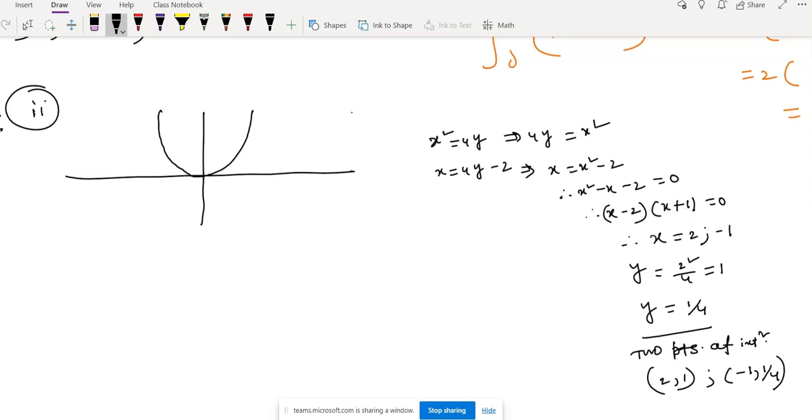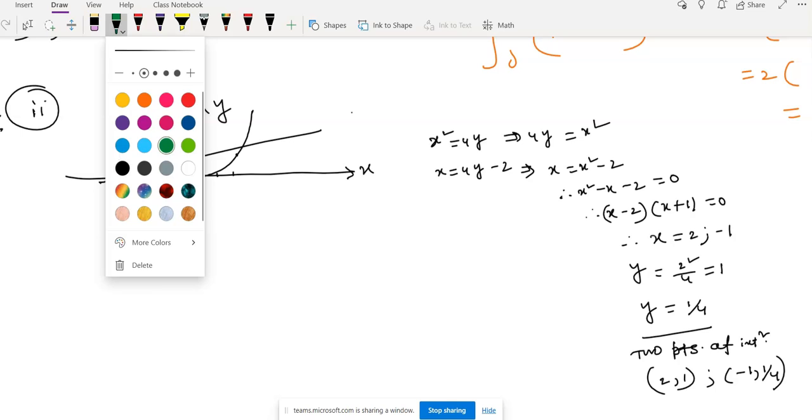So if I take this point as 1, this is 2, so there is a point of intersection here. There is a point of intersection here also. So the graph is going to be almost like this. Your problem is to find the area bounded by the curve and the line. So the next step will be to shade the region.